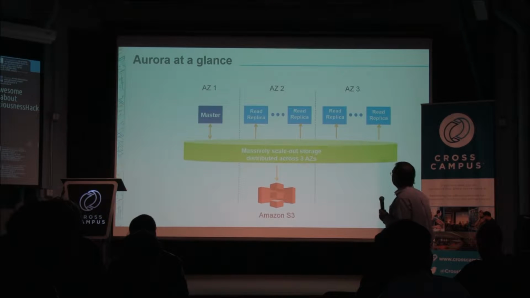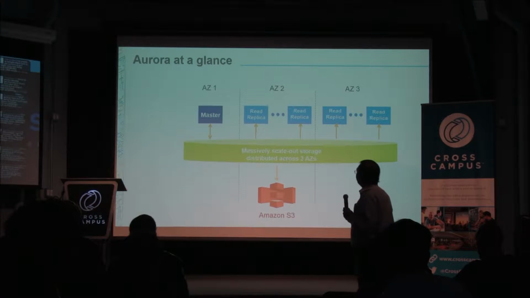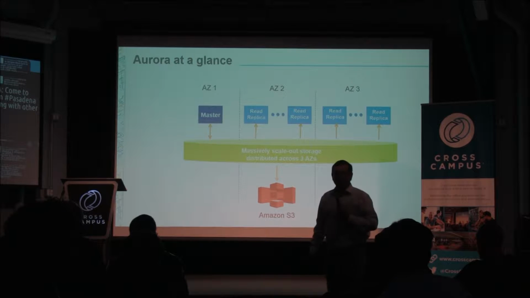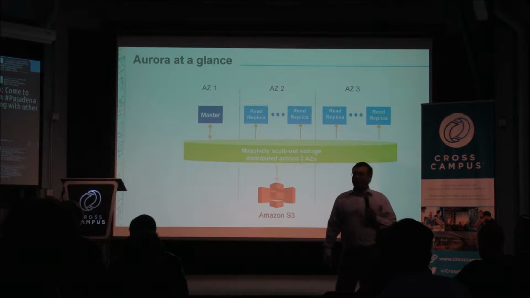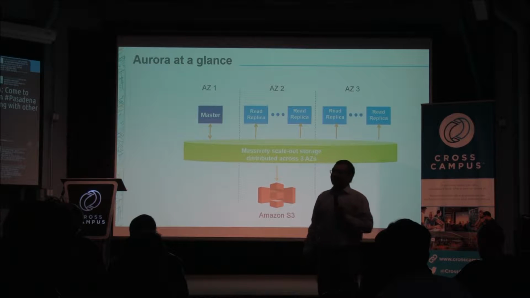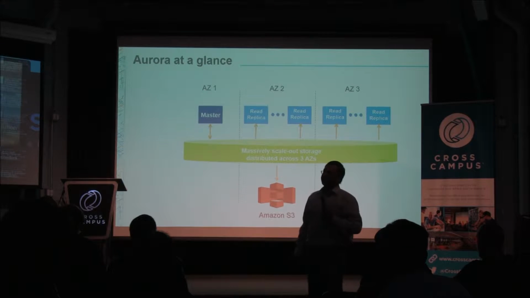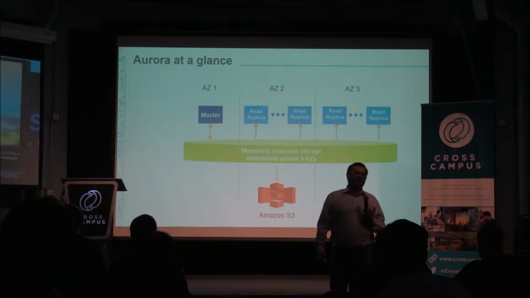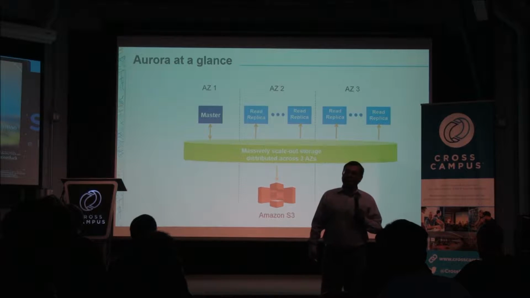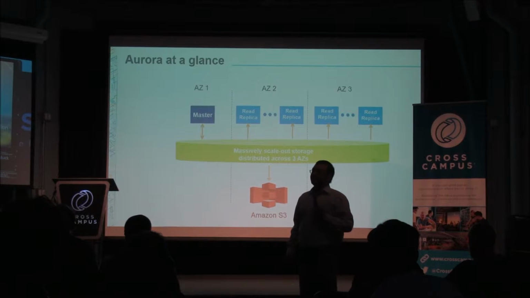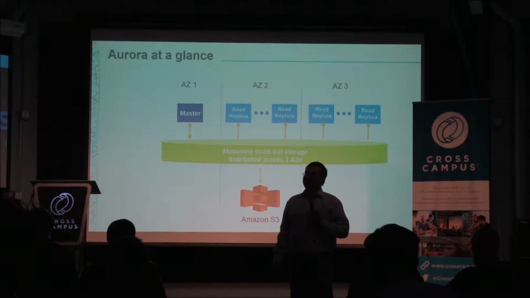This is a very high level architecture of what it looks like. Aurora works on a shared distributed scale out storage system. This is a storage system that we designed from scratch, and it spreads across 3 different availability zones. There are hundreds of storage nodes within those availability zones for high availability and for performance.